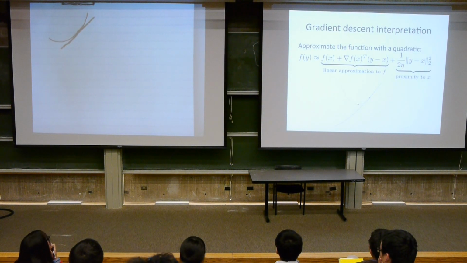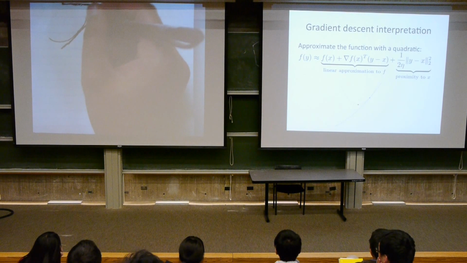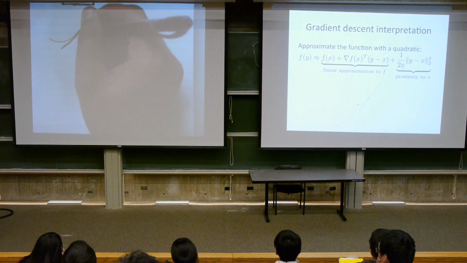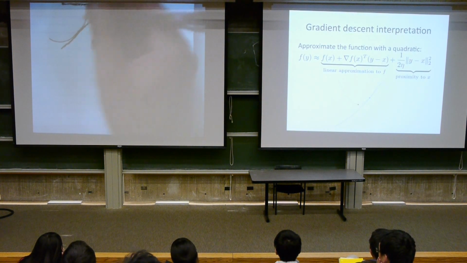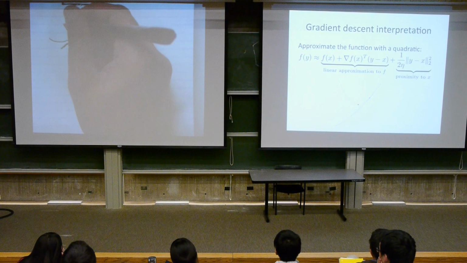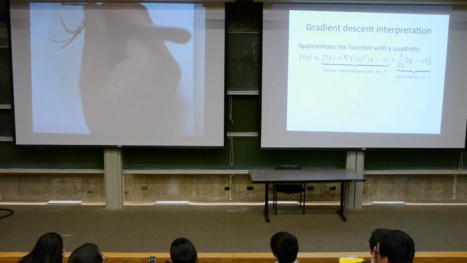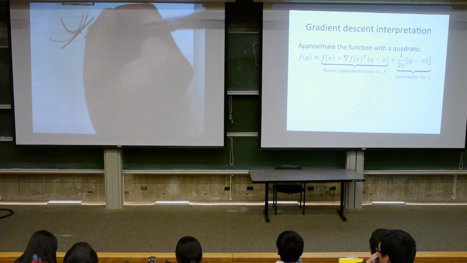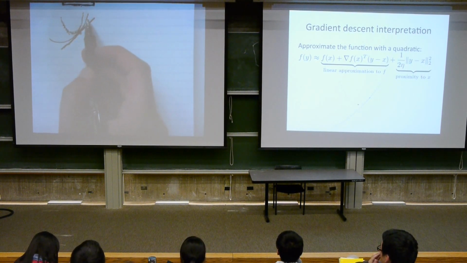And so what we can think of gradient descent as doing is actually taking a quadratic that's tangent to the function right here at the point where you are, at x, and has some fixed curvature, eta. So there's the quadratic that is a local approximation of what our function might look like.